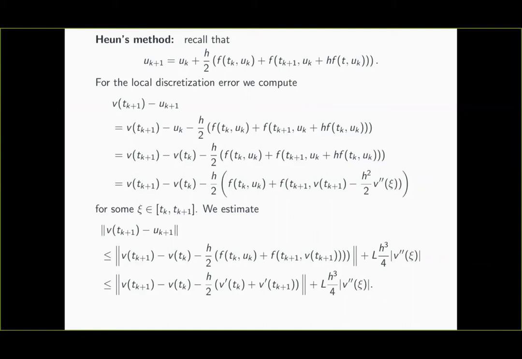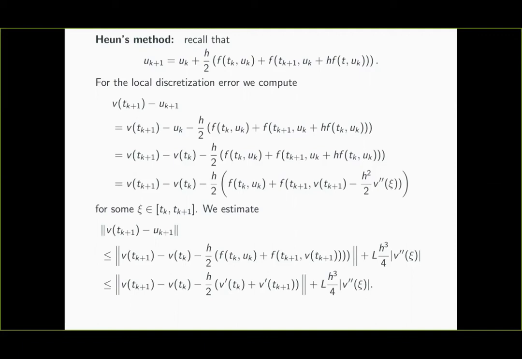Then we substitute that v at time t_k is just u_k, which gives the next step. And then we apply an error estimate for this application of the explicit Euler method.